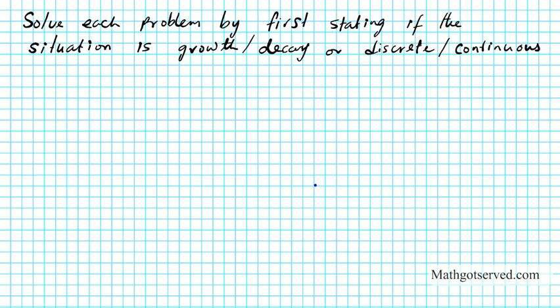Is it growth or decay, and is it discrete or continuous? After indicating the kind of behavior of the quantity, we're going to state the formula and the value of each component.